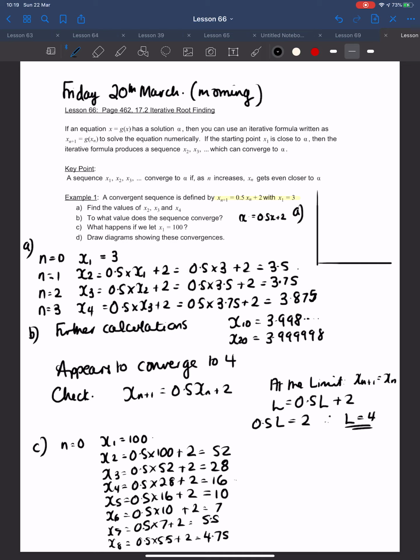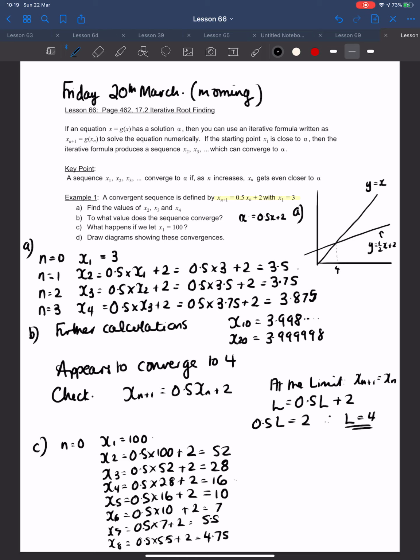So half x plus 2 looks something like this, and the graph of x, so that's the line y equals x, that's the line y equals a half x plus 2. That actual answer is 4, because we know that already.